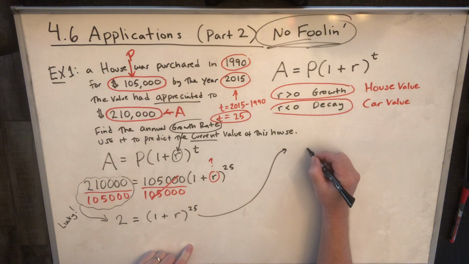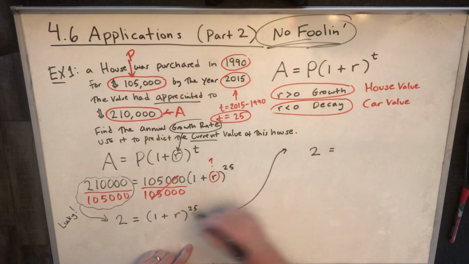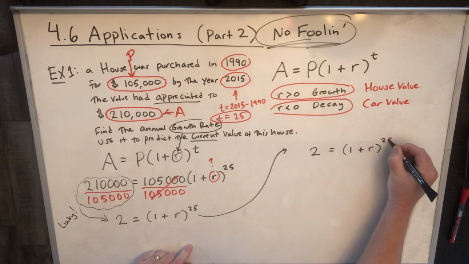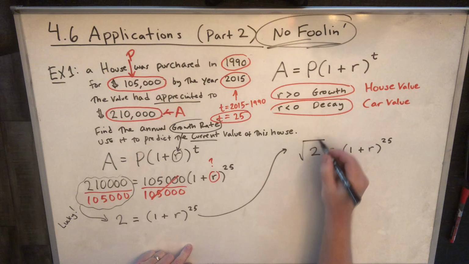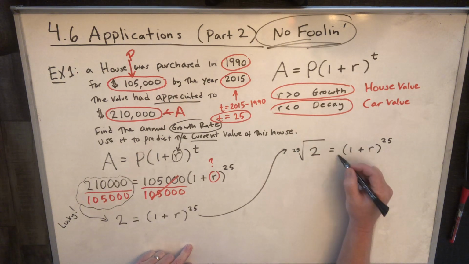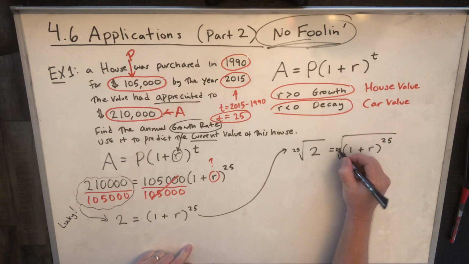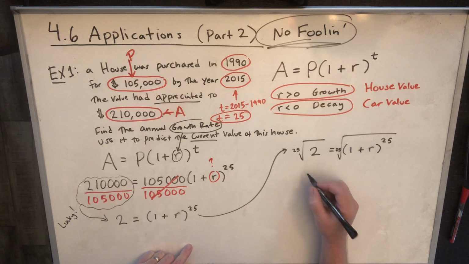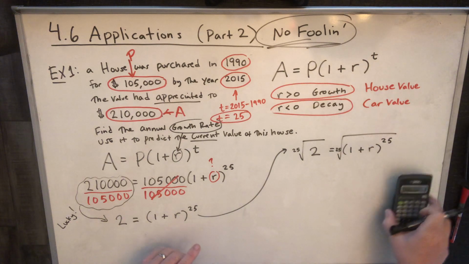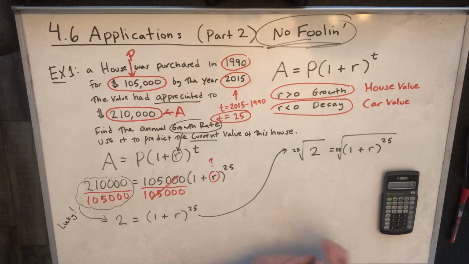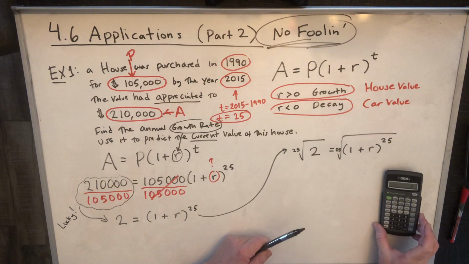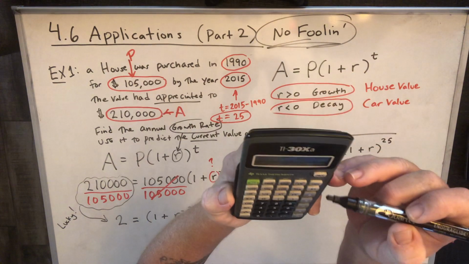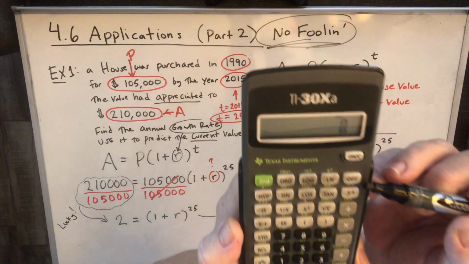So we're solving for r. So we're going to take the 25th root of both sides. Now you might not have a 25th root button on your calculator. You could typically find it near the exponent.